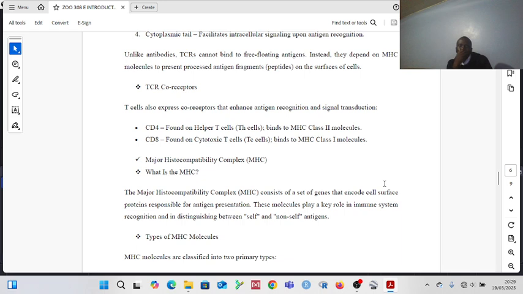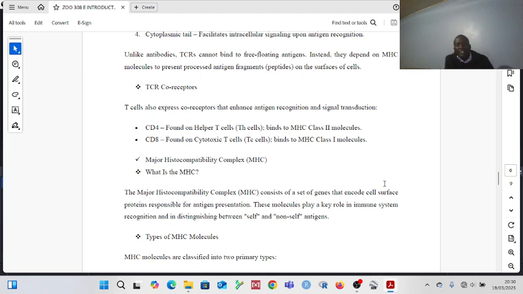For the T cells to function properly, they also express the co-receptors. These co-receptors will enhance the recognition of antigens.